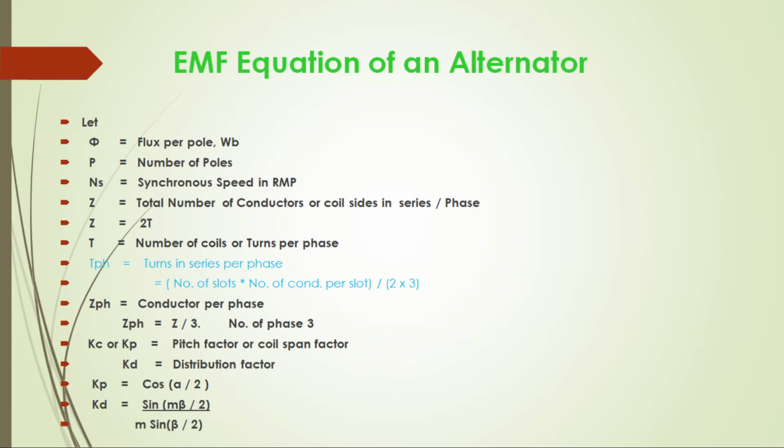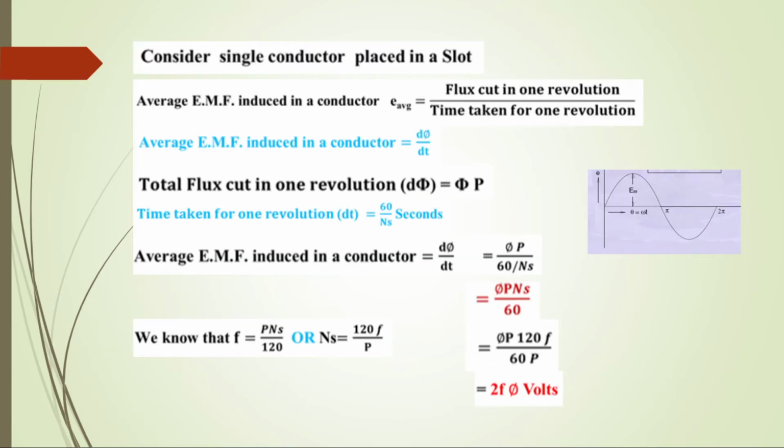T is equal to number of coils or turns per phase, T phase is turns in series per phase and Z phase is conductors per phase. Number of phases are 3, that is why Z phase will be equal to Z by 3. Kc or Kp is pitch factor or coil span factor, Kd is distribution factor. Kp is cos alpha by 2, Kd is sin(m beta/2) by m sin(beta/2).